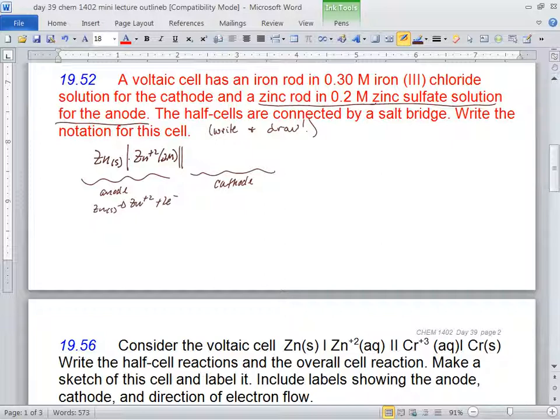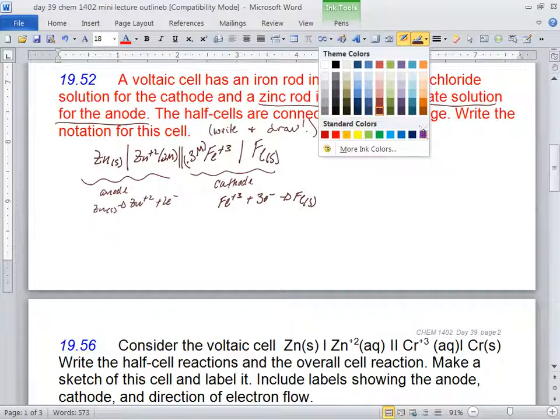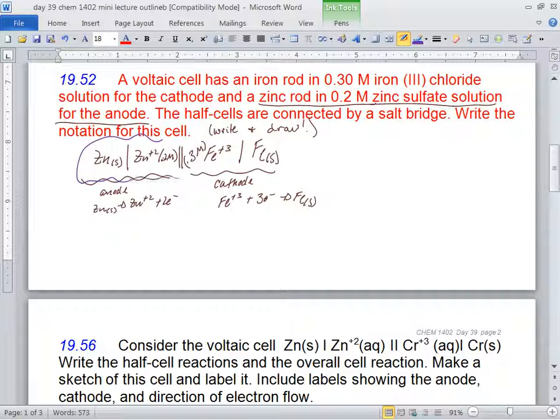Cathode has to be reduction. 0.3 molar. So for the shorthand notation, that should have been your answer.